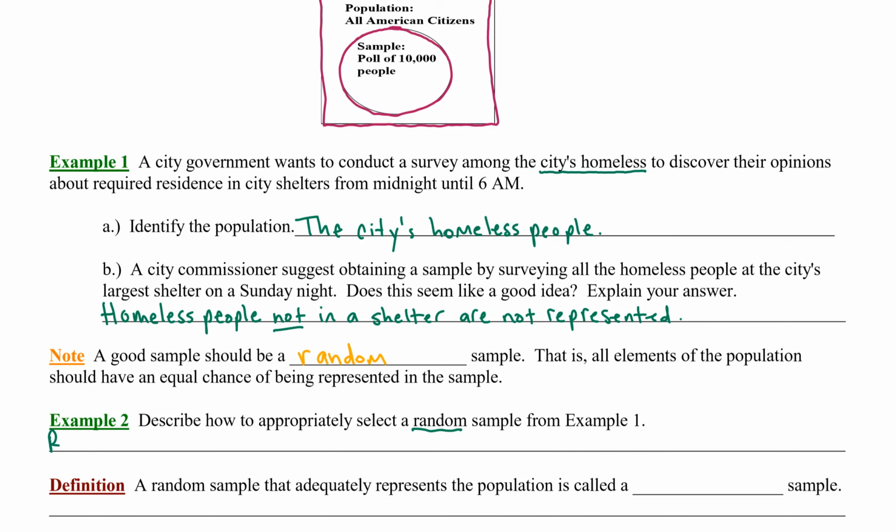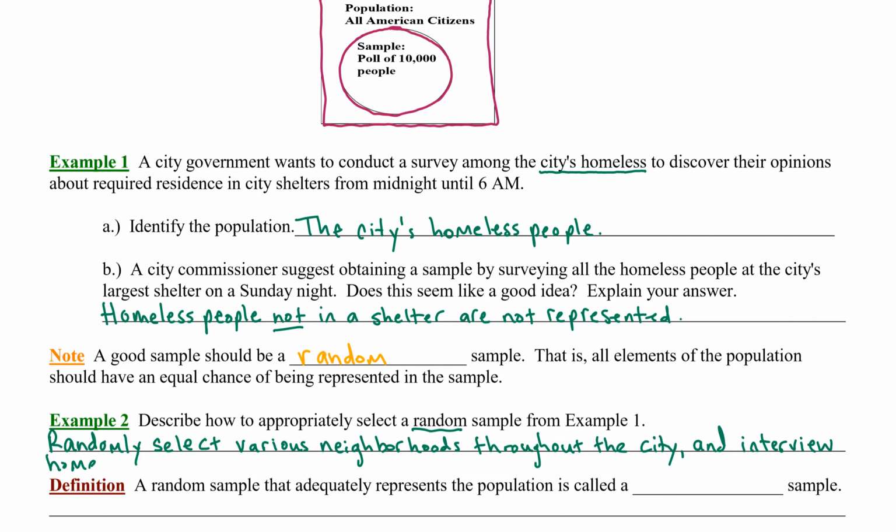So it's probably a better idea to randomly select various neighborhoods throughout the city and interview homeless people in and out of shelters.